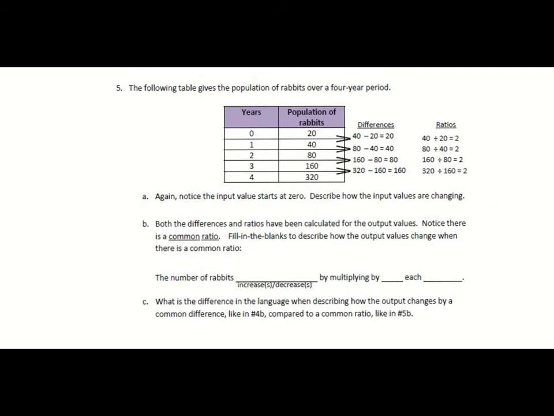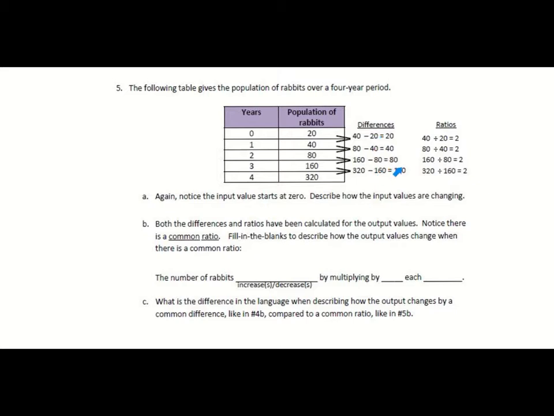Okay, on this one, they kind of did the same thing. You notice that you still have the same 0, 1, 2, 3, 4, except we've got 20, 40, 80, 160, 320. So if I find my difference, before I added 20, this time I went 40 minus 20, 80 minus 40, 160 minus 80, 320 minus 160.